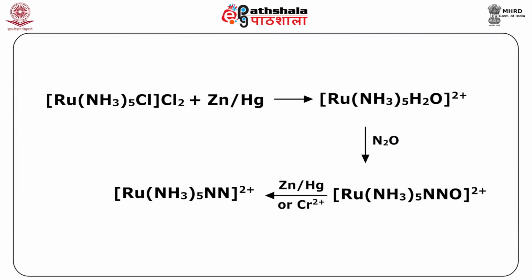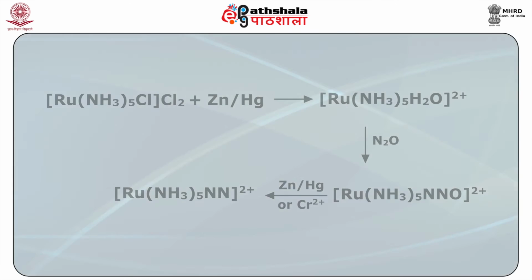Since nitrous oxide complexes have also been isolated, it is almost certain that these reactions proceed through N-bonded nitrous oxide complexes, which are subsequently reduced to form the dinitrogen complex. The examples of such type are shown here.